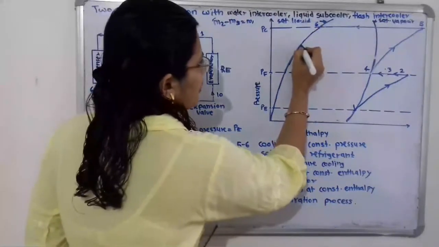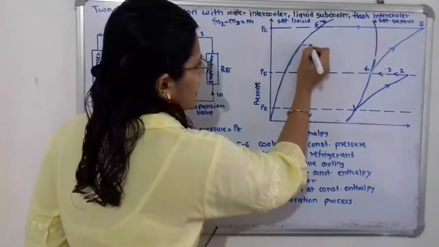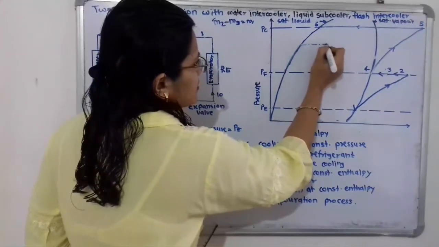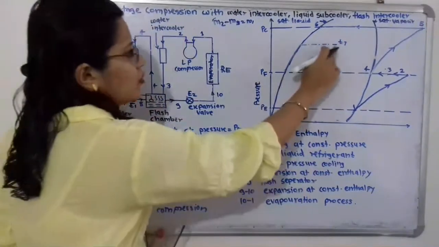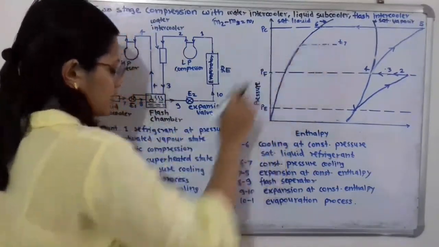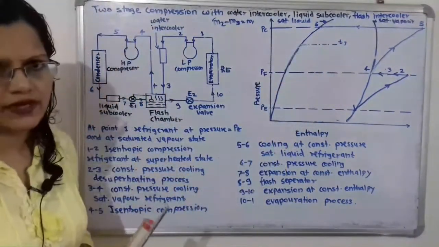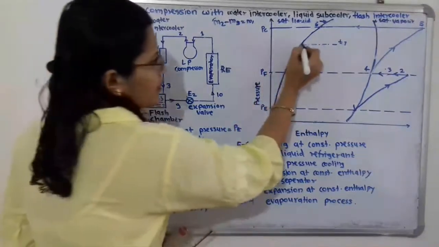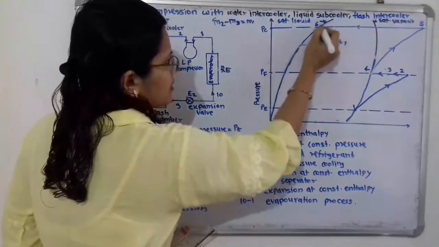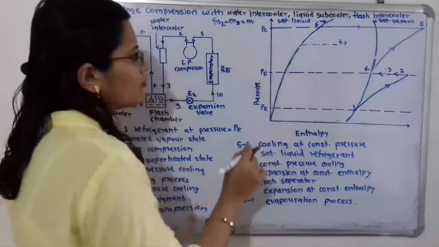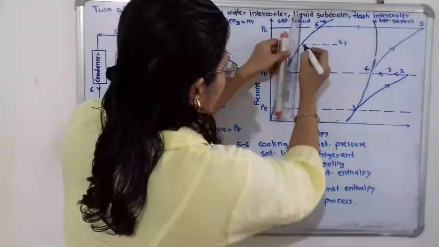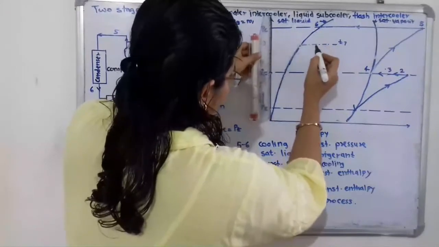Suppose I will draw here in the form of dash and dot. So here is the temperature of T7. Up to T7 temperature this subcooling process is taking place. Then this is the point of intersection of this saturated liquid line and this temperature line. Now we have to extend this point in the upward direction.